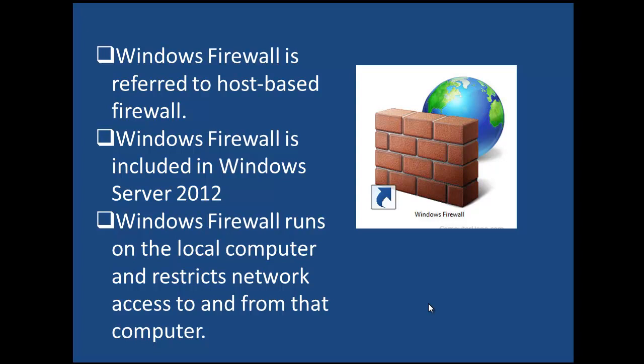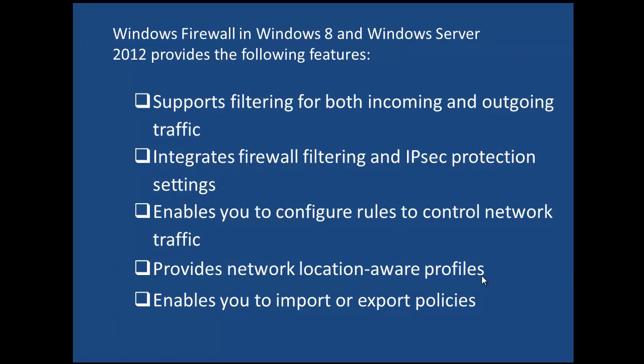So what the firewall does is filter that traffic as it comes in and it goes out. And you, the network administrator, get to say which traffic goes out and which traffic comes in. So we have the filtering of both incoming and outgoing traffic.